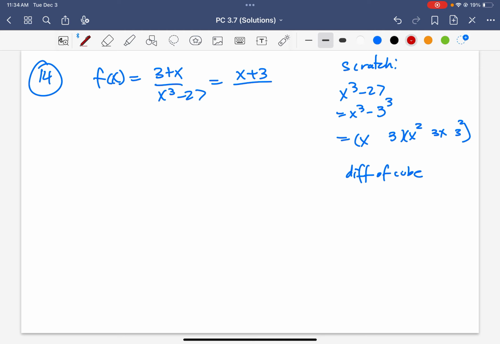And we know that our signs are going to be the same as that negative, the opposite of this negative, and the last one is always positive. So that means when you factor it out, we're going to have x minus 3 times x squared plus 3x plus 9.